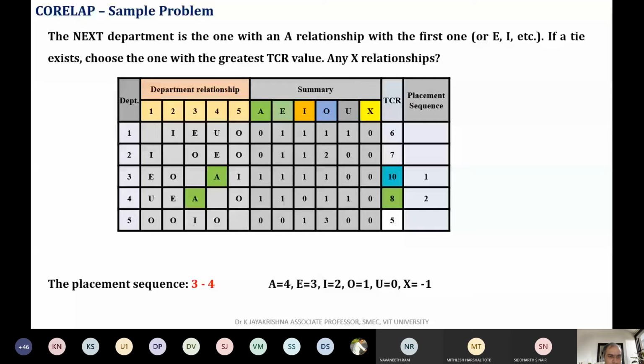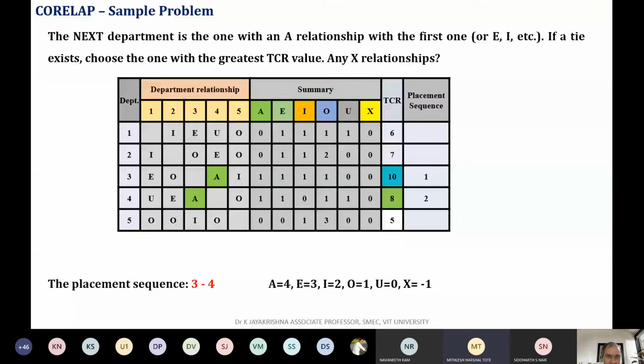Your question is right, that's why I'm repeating it again: after placing the fourth department in ALDEP, we just compare with the previously placed department, correct? But in CORELAP, I have to compare it with all the previously placed departments. Like here I have placed the third and fourth departments. So when selecting the next department, I should make a comparative analysis between the previously placed departments, that is third and fourth.